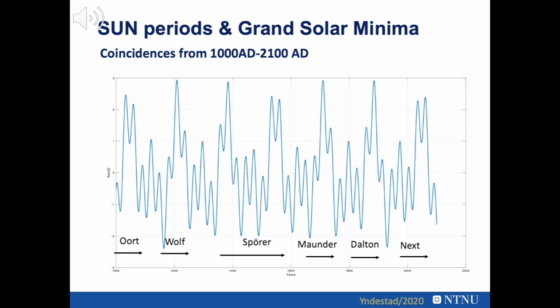Periods with less irradiation from the Sun are so well known that they have their own names. After the year 1000, we have the solar minimum periods Oort, Wolf, Spörer, Maunder and Dalton.